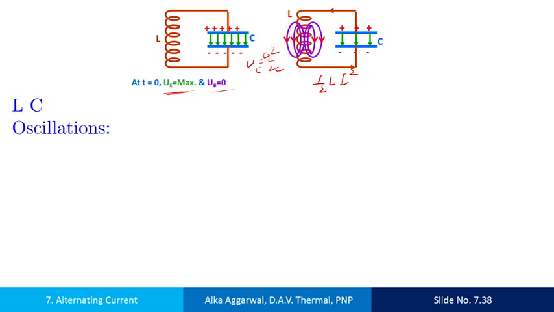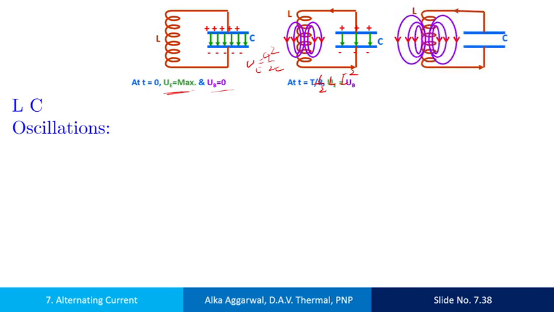As the current reaches its maximum value, the energy is stored in the inductor and there is no energy in the capacitor. So the whole of the energy is magnetic energy. You can easily check that the maximum electrical energy equals the maximum magnetic energy.